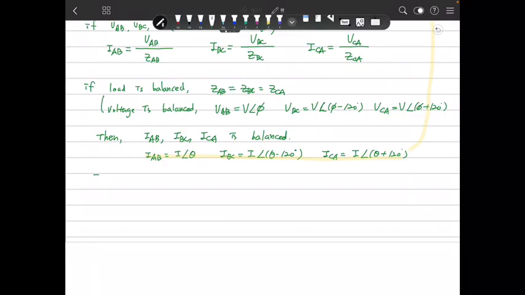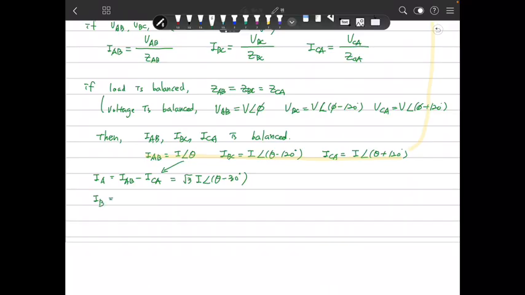Then IA is the same as I_AB minus I_CA. We apply that here, and the result is the same way.